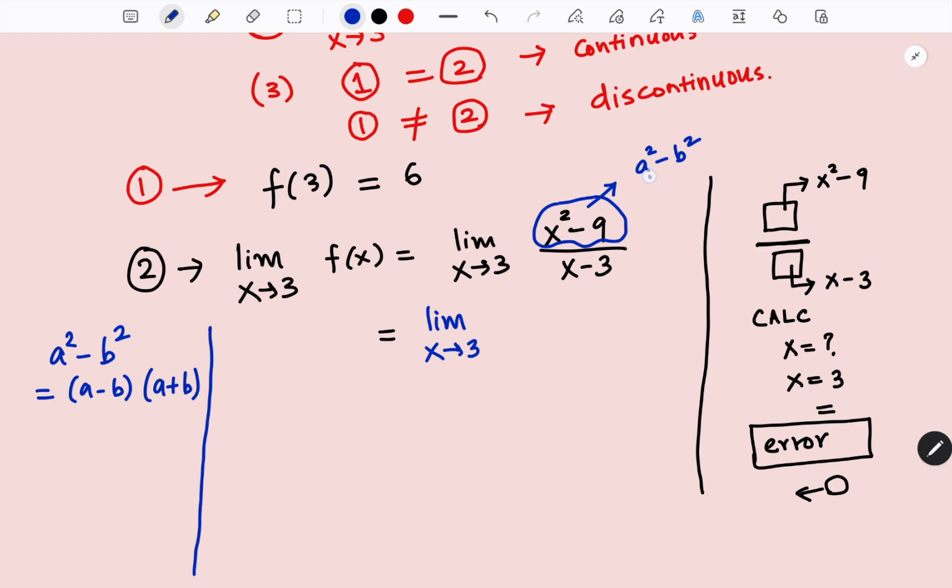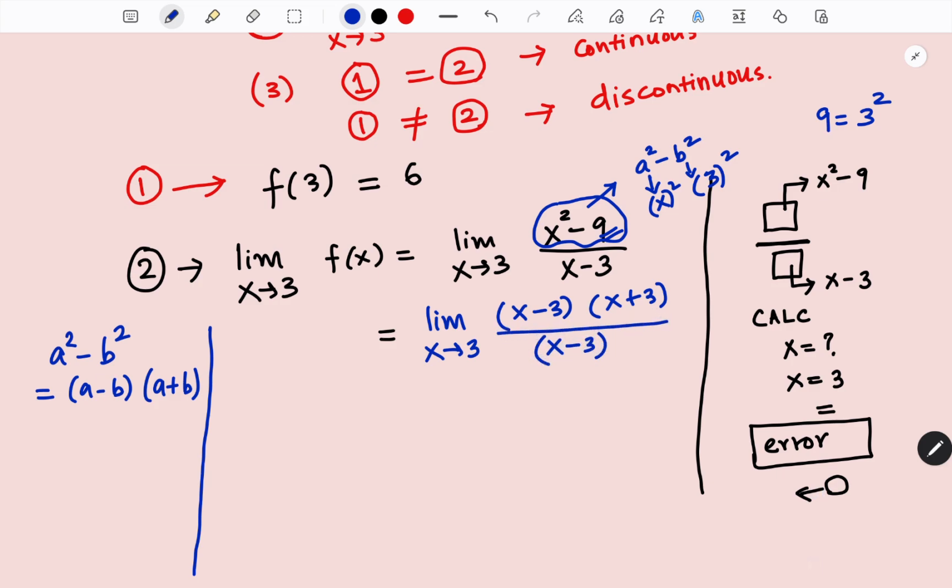Your a is x, and your b is 3, because 9 can be written as 3 to the power of 2. So this equals x minus 3 times x plus 3 over x minus 3.